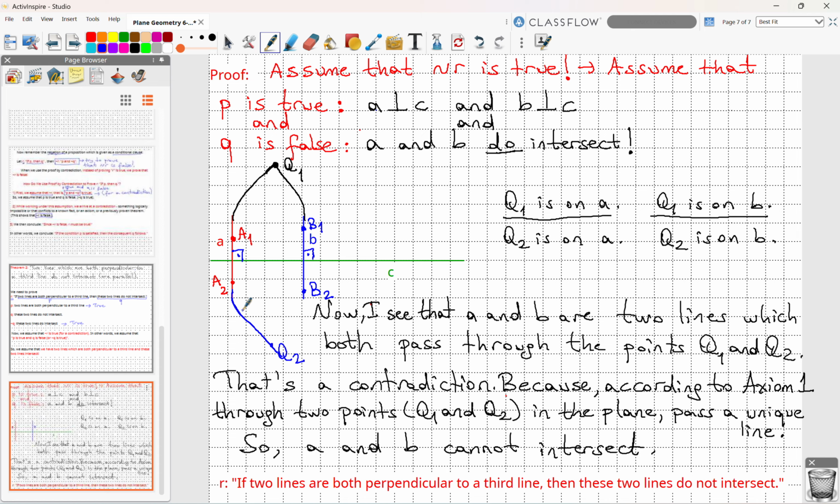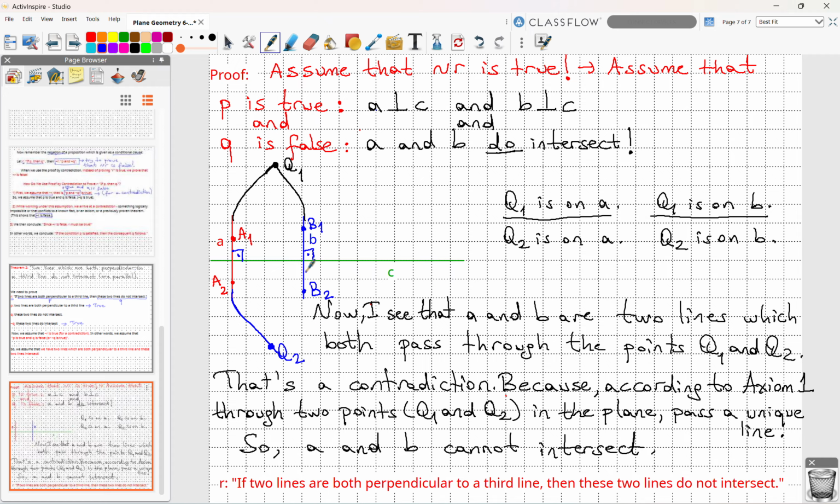I'm repeating, this is a little weird. Of course, line cannot go like that. Line must be straight. But since I assume that lines are intersecting at Q1, Q1 will fall onto a point like Q2 here, which is also on the line A, because Q1 is on A.